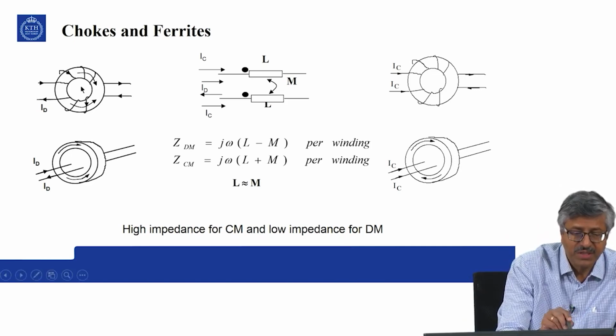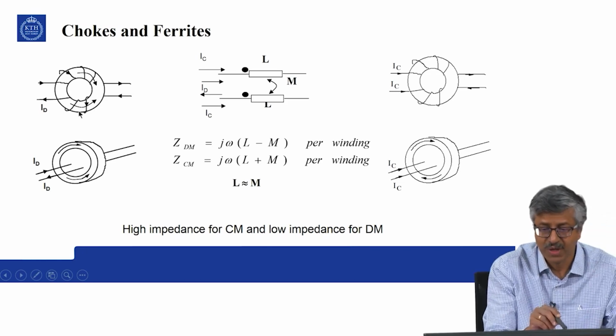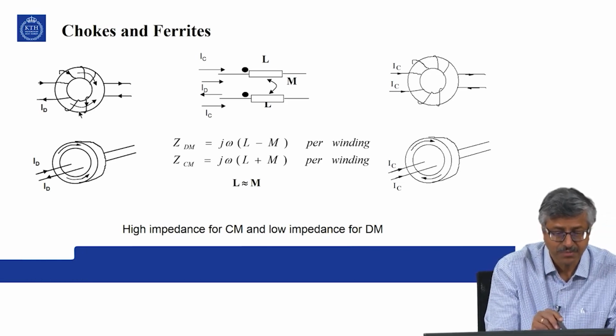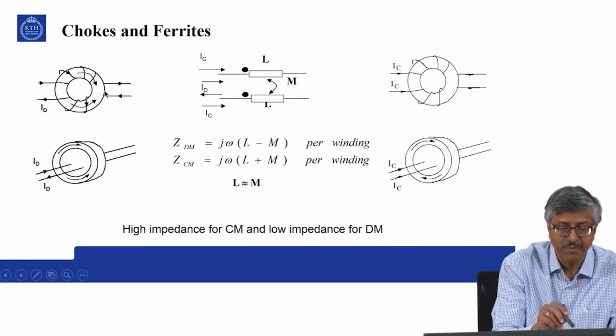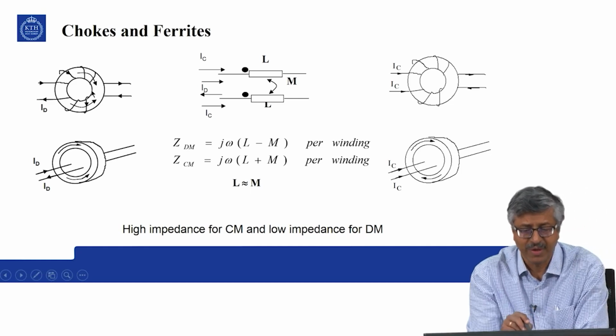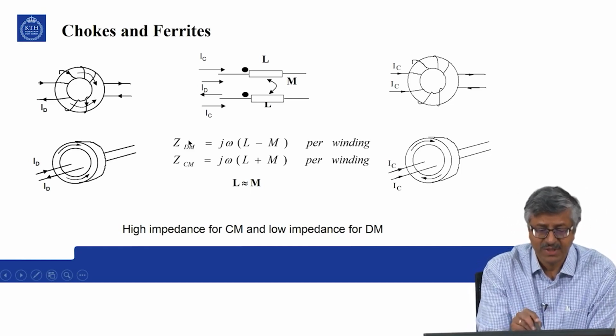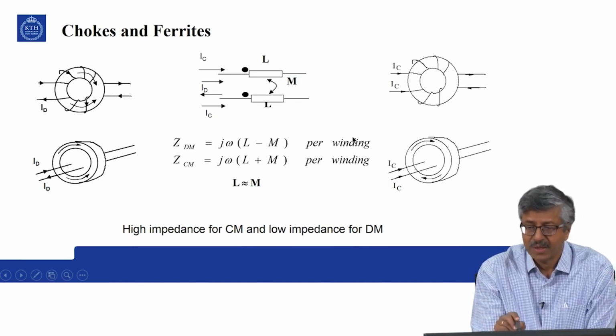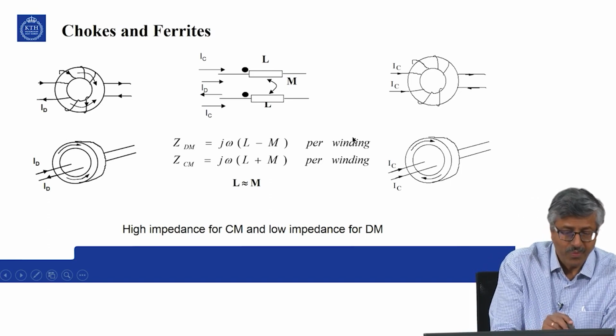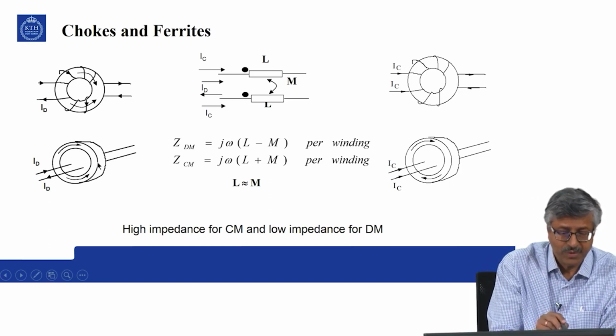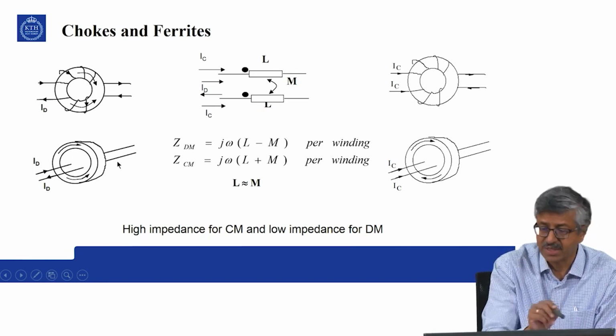So these are the differential mode currents. With the normal winding, the fluxes are opposing each other. So it is a very low impedance because the total flux is almost 0. So you have a low differential mode impedance per winding. Now, this is a single primary, this is several turns.